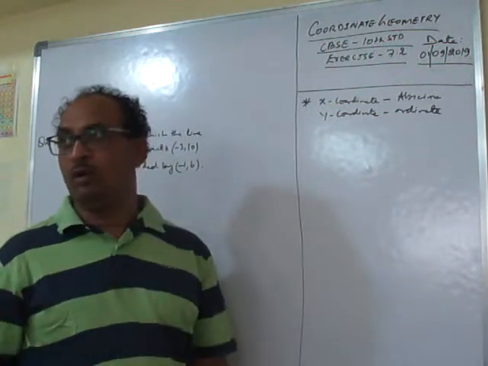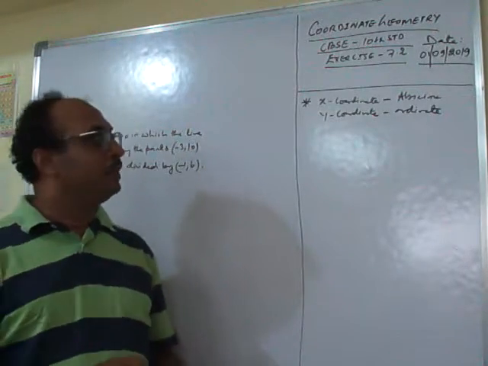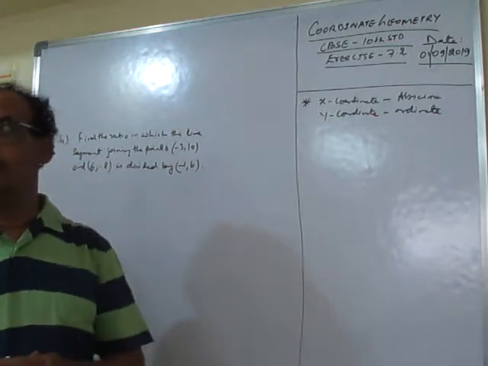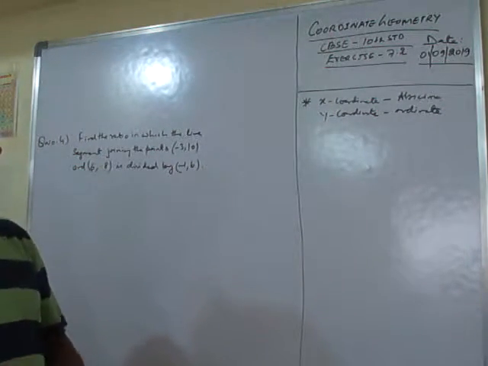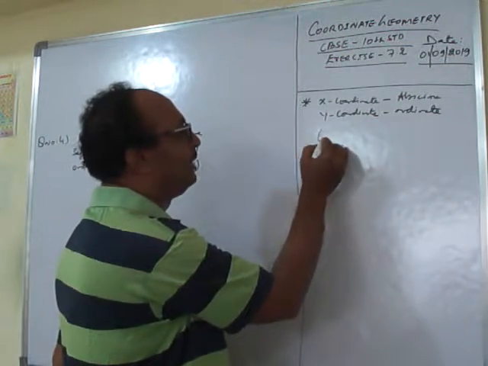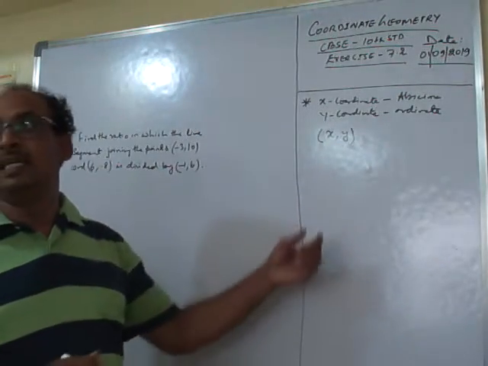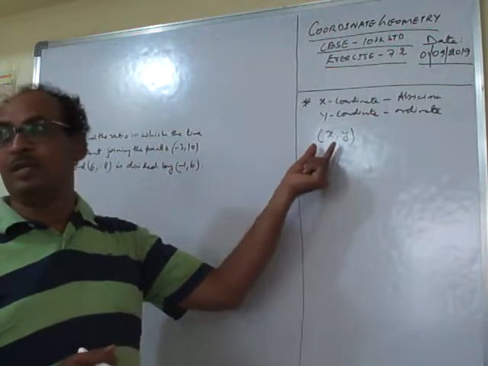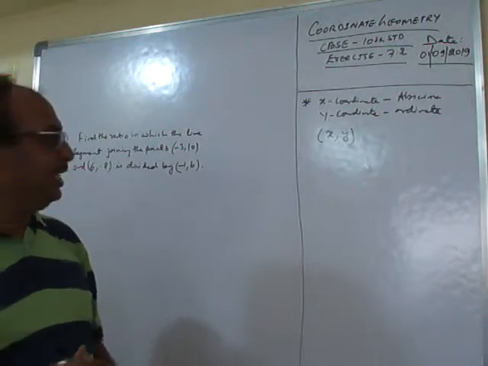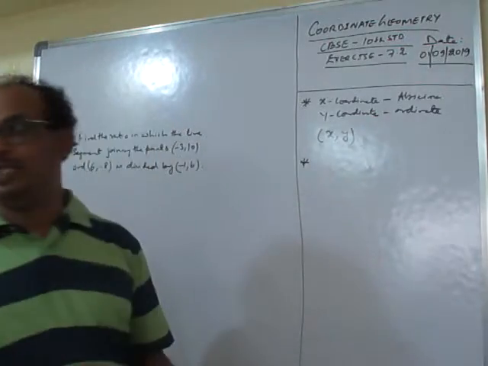Second, in coordinate geometry we have seen that we will always be given the values of x and y in this form.